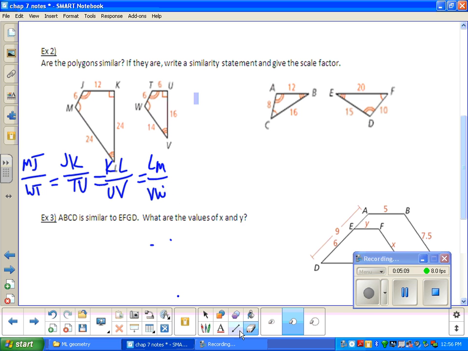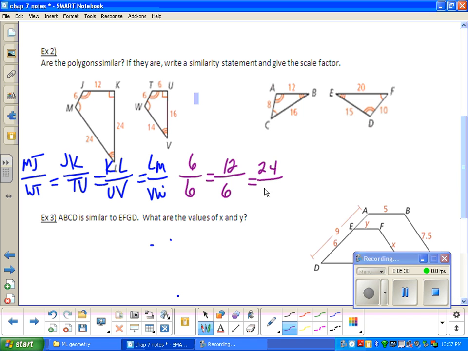Now, are they similar? So now what I have to do is go ahead and plug in numbers. So MJ equals 6, WT equals 6, JK equals 12, TU equals 6, KL equals 24, UV equals 16, LM is 24, VW is 14.